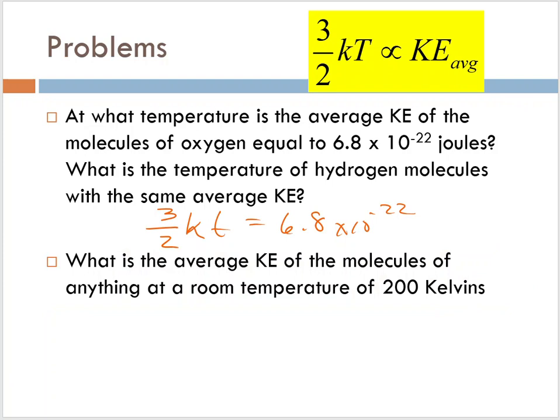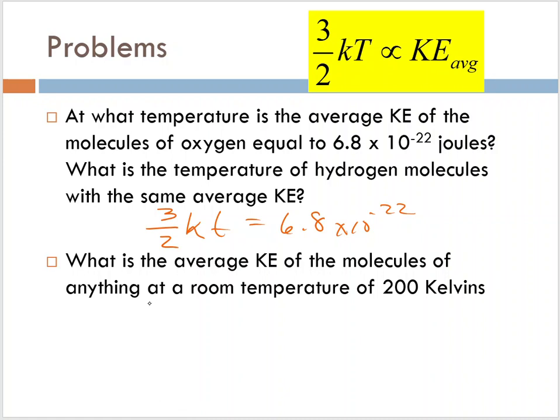But in physics, what we have here is a problem. At what temperature is the average kinetic energy of the molecules of oxygen equal to 6.8 times 10 to the negative 22nd joules? What is the temperature of hydrogen molecules with that same average kinetic energy? Well, I've already got the equation written here, and I've put in the number of joules for the energy.